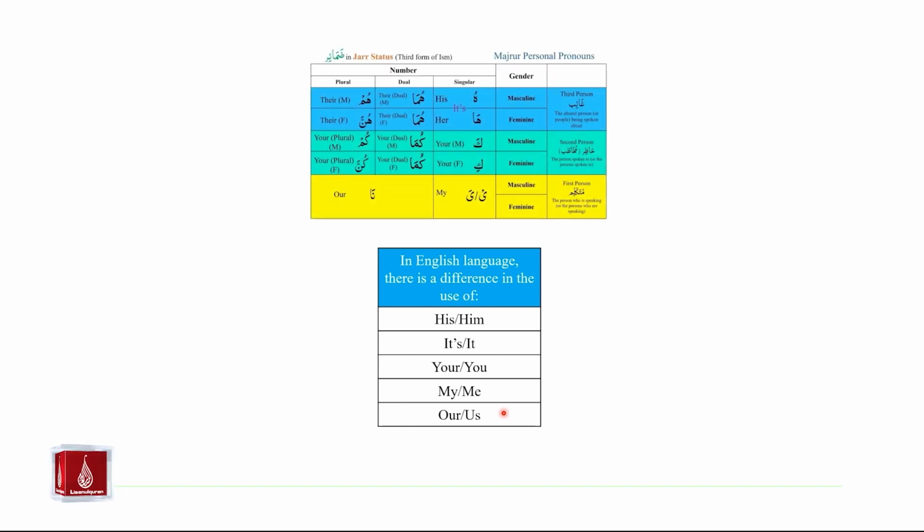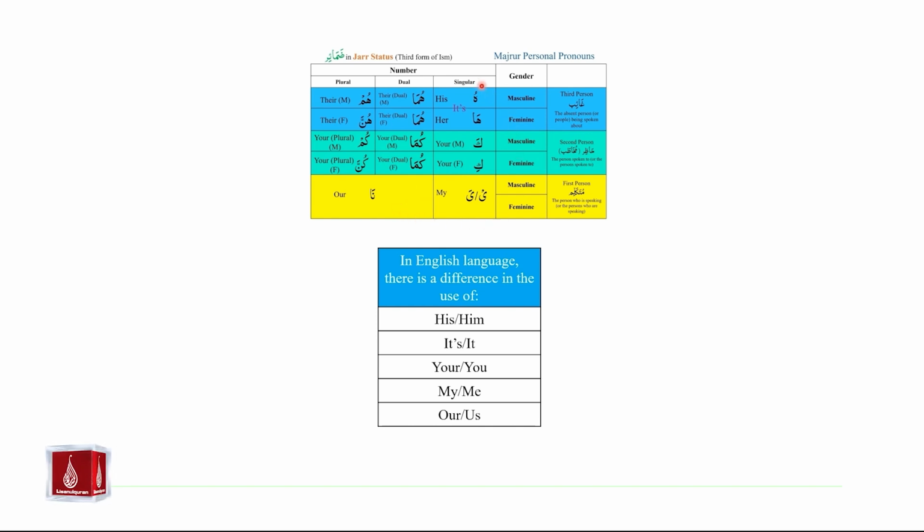When we studied majrur personal pronouns, we started with the study of the following table. Hu, huma, hum. Ha, huma, hunna. Ka, kuma, kum. Ki, kuma, kunna. Ya, na.